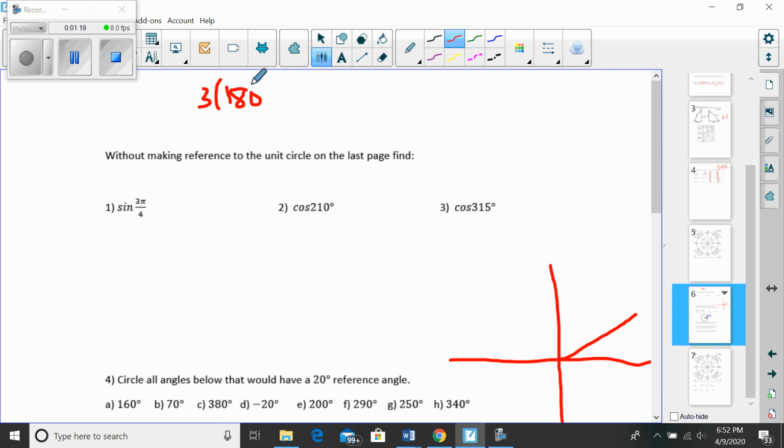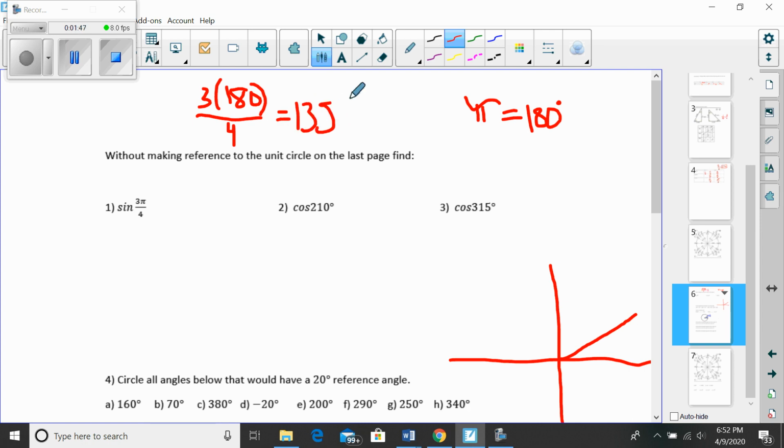So anyway, if I want to change 3 pi over 4 into degrees, I remember from a past lesson that pi radians is equal to 180 degrees. Okay, so this goes in here 45 times, 3 times 45 is 135.